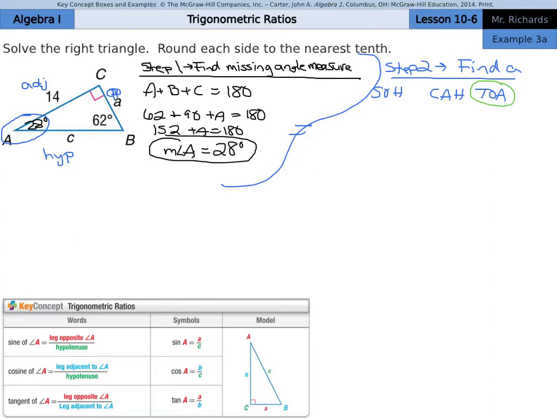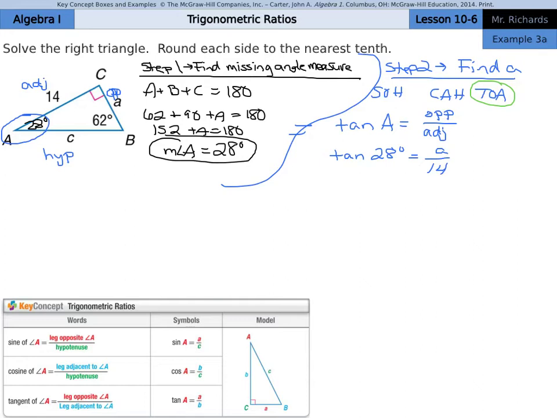So the tangent of angle A is equal to the opposite side over the adjacent side. And so if I make my substitutions in here, the tangent of 28 degrees is going to equal that opposite side, which is A, over the adjacent side, which was 14.